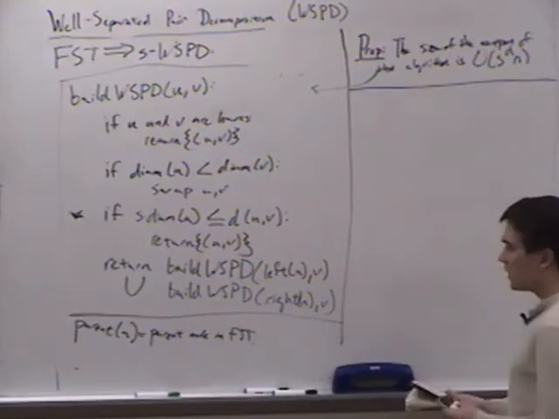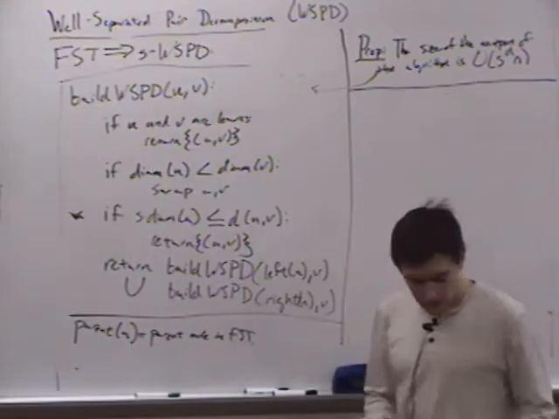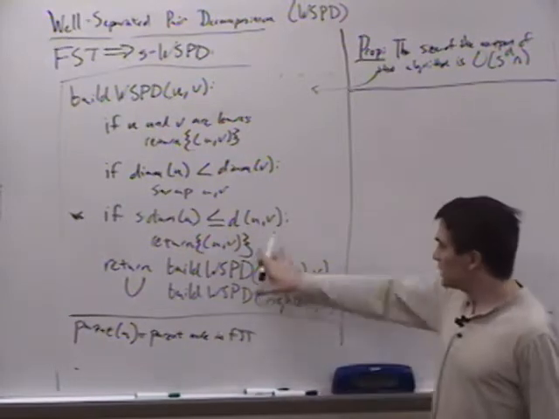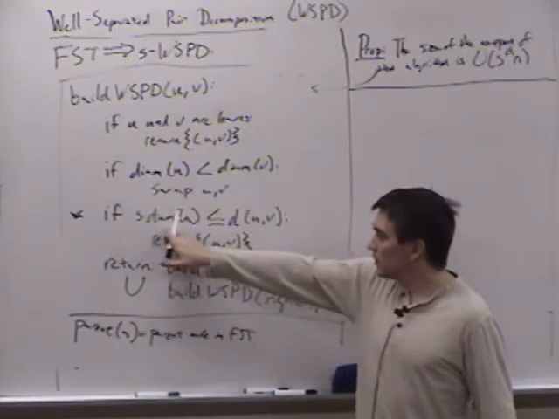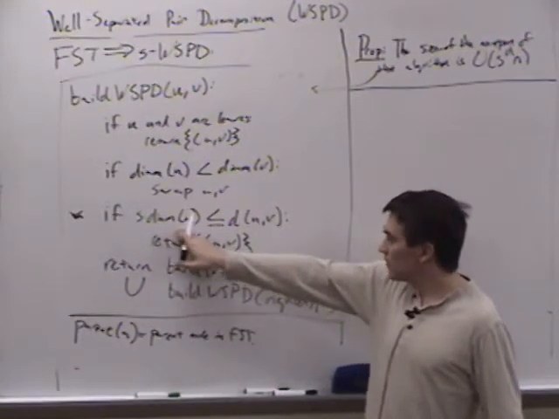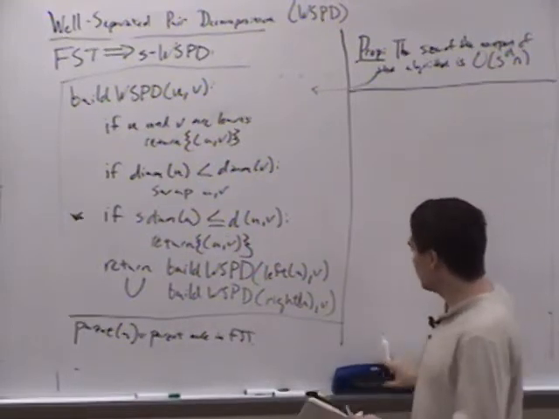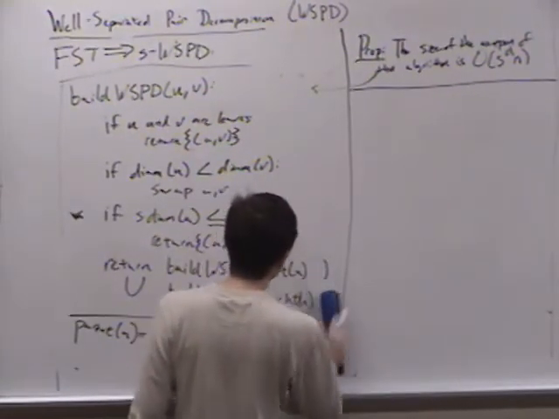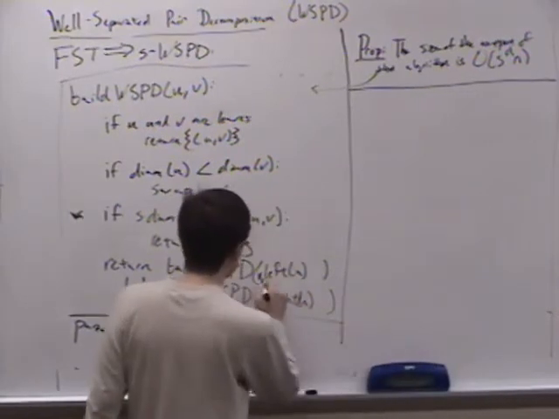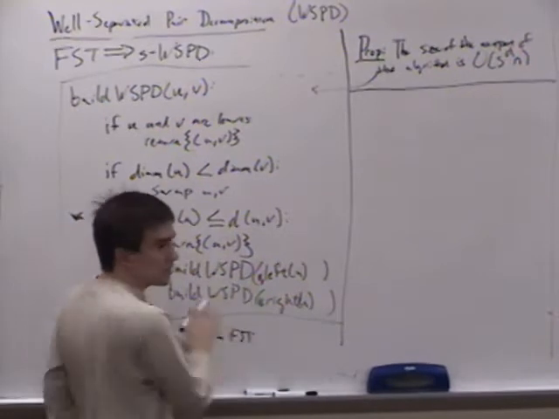And so consider when we get to this point. Because we had to split one of these nodes, so if the diameter of u was larger than the diameter of v, we got to this point. Actually, let me swap the order here. We'll put v first and then u, just because I wrote my notes with v first.